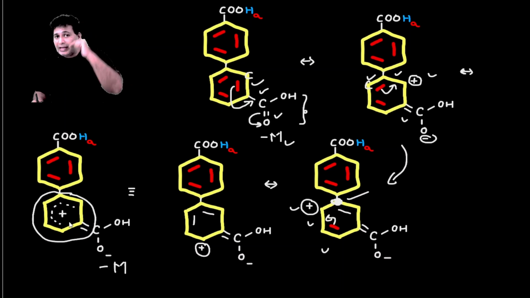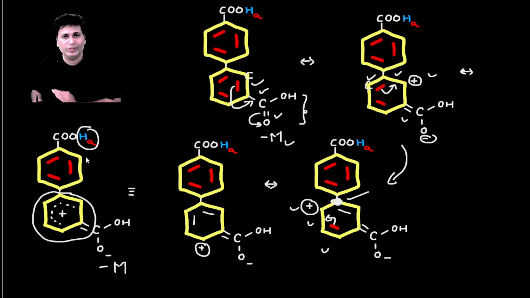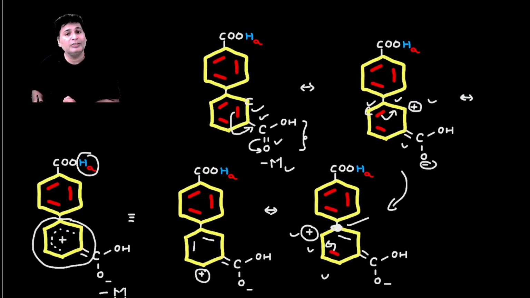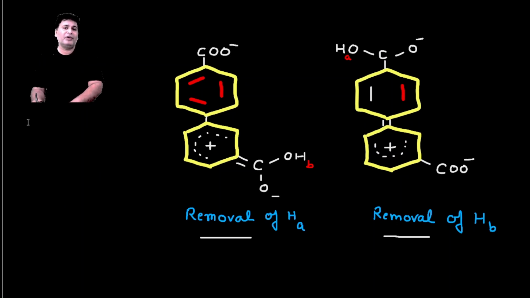And now, taking this into account, let us see the role of the minus M effect of the lower carboxylic group on the acidity of hydrogen number A. I will again take that hydrogen out, make the anion, and try to see the situation. The situation is in front of you in this fresh slide.